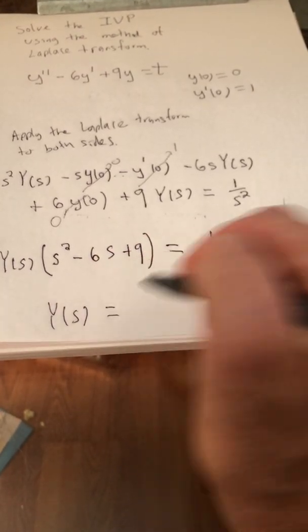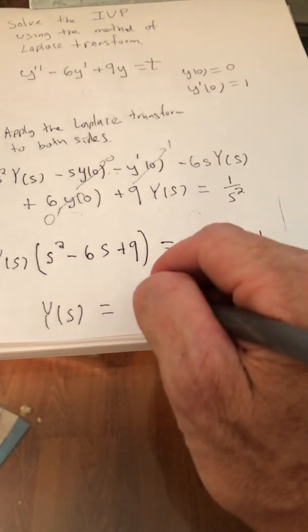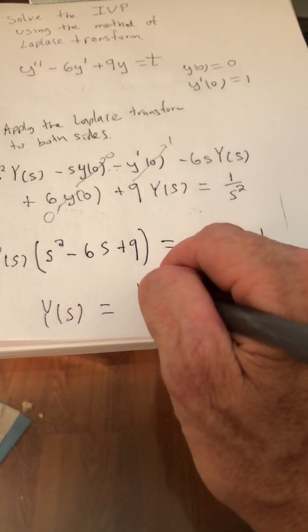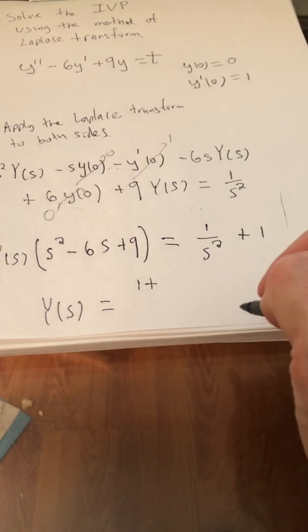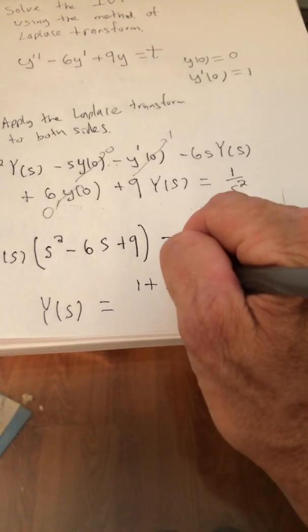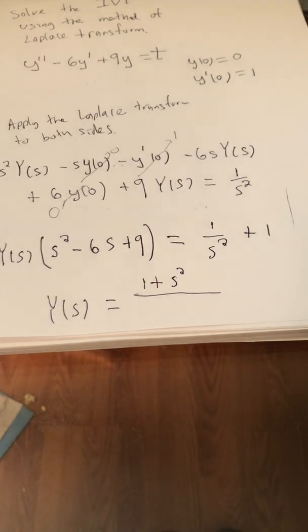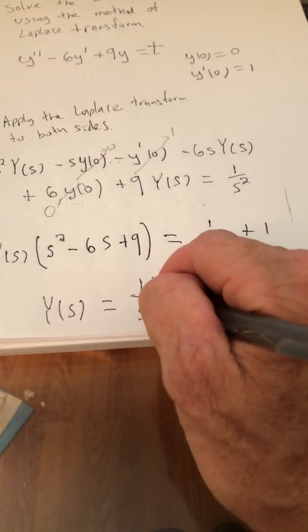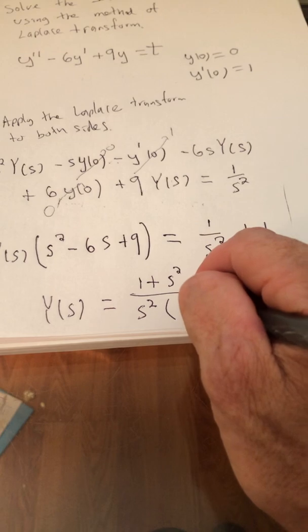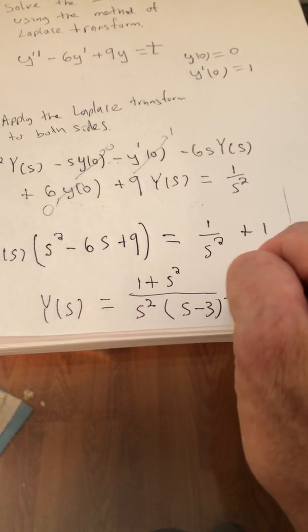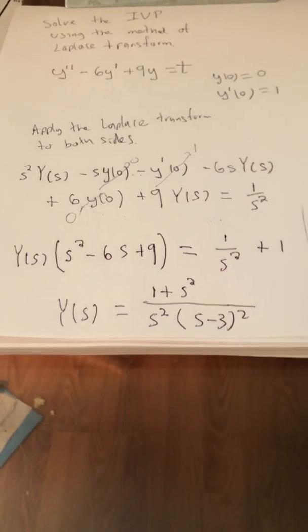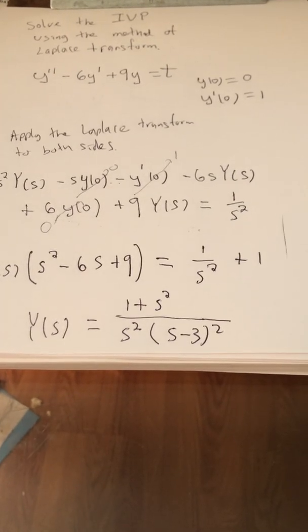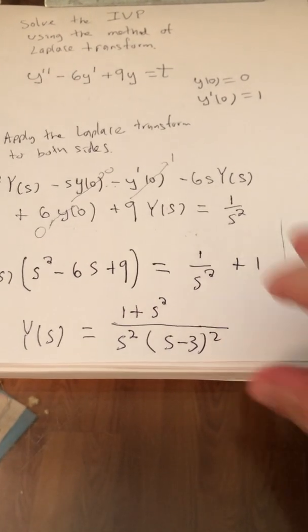Y of s equals 1 plus s squared all over s squared times s minus 3, the quantity squared. Let's write that again on the other side, starting at the top.